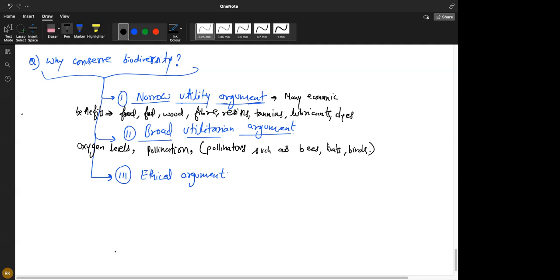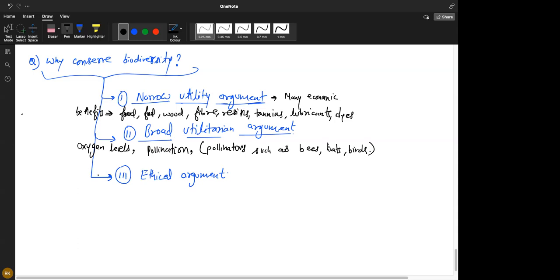But the ethical argument says that we have a moral duty as Homo sapiens to take care of and to conserve the biological legacy to the future generations. Our future generations should get to see all of this that we are seeing.